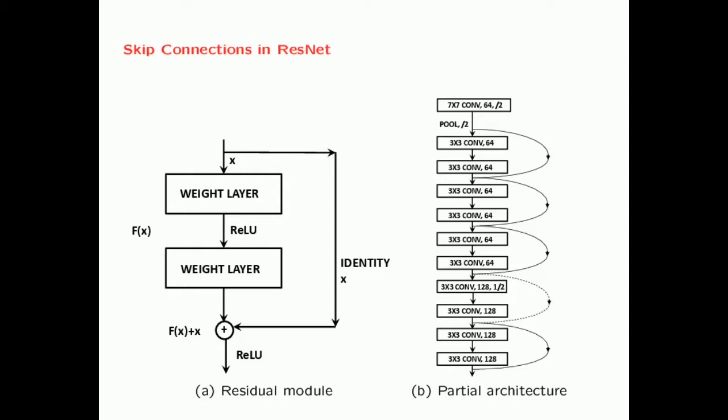And the idea here is that you don't really need a lot of layers to capture some of the simpler features in the image. So for those portions of the image, for those features that can be captured with a smaller number of layers, you give these skip connections to enable the learning of those features. And then the residual portions of the image are learned with a larger number of layers.